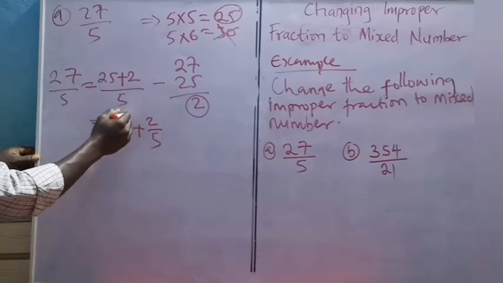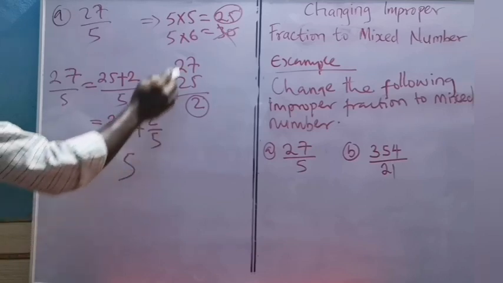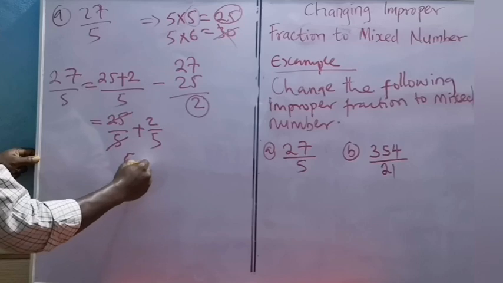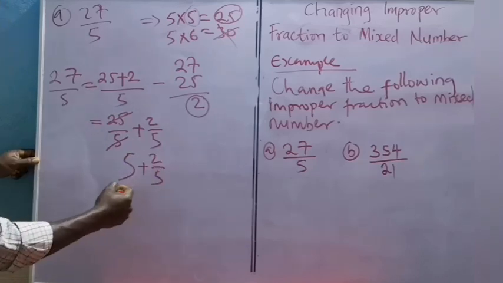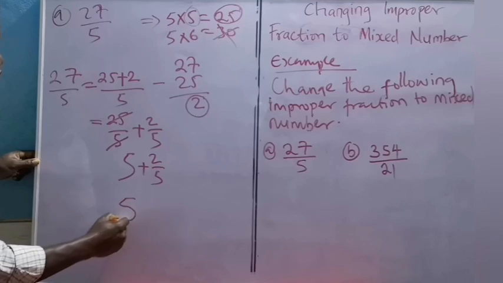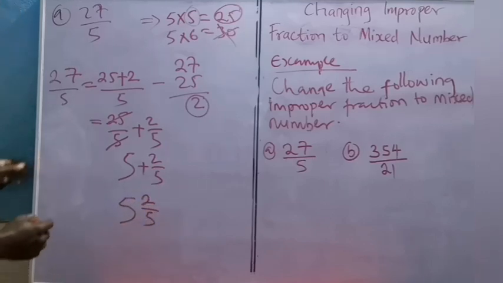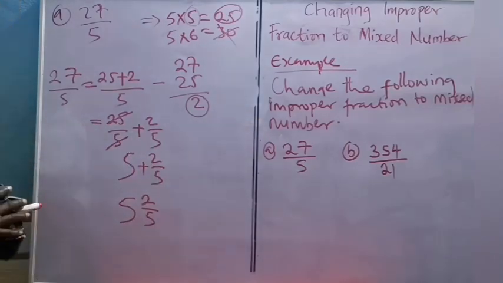So we can now divide here. 25 divided by 5 is 5. Then we'll bring in 2 all over 5. So we can now combine the two of them: 5 whole number, 2 all over 5. Okay, let's look at how we can solve the second one.